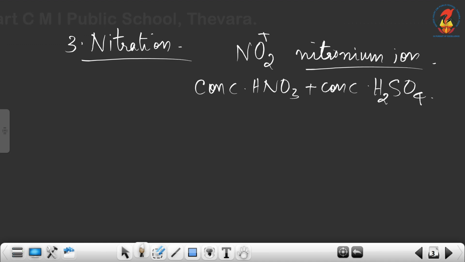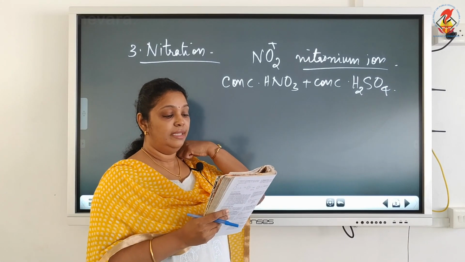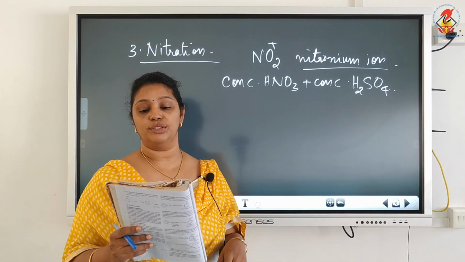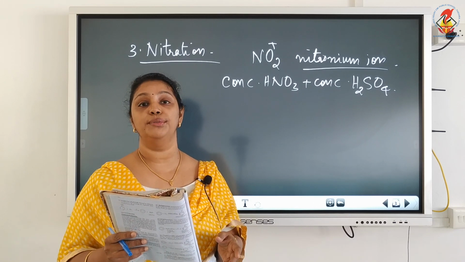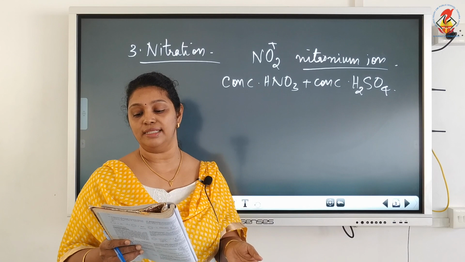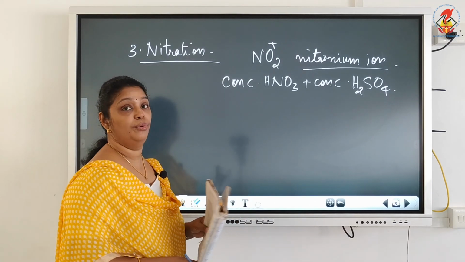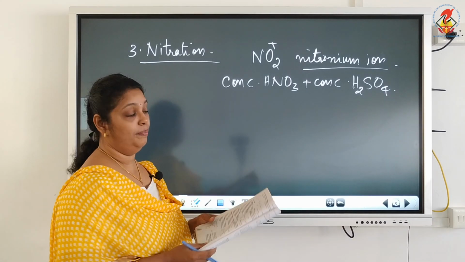These are the reagents used. In nitration, the electrophile nitronium ion is produced by the transfer of a proton from sulfuric acid to nitric acid. So the electrophile is nitronium ion, NO2+.